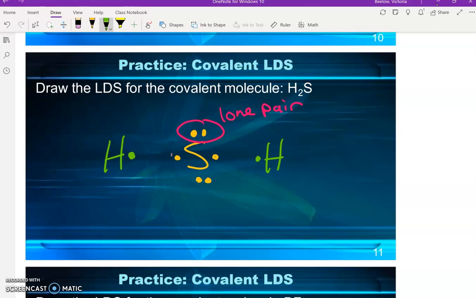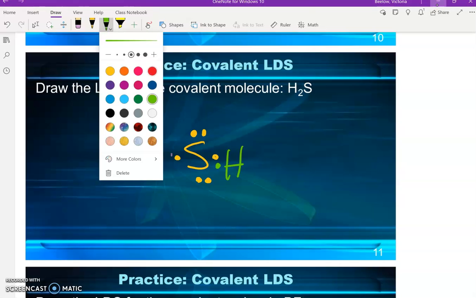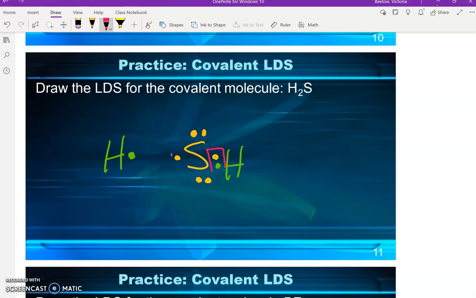So now I'm going to rearrange my model here a little bit. We're going to take this hydrogen and move it over. So now those electrons are being shared. I'm just going to erase that. So these electrons here are being shared.